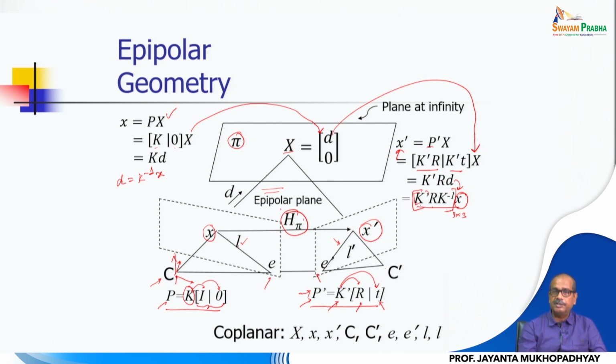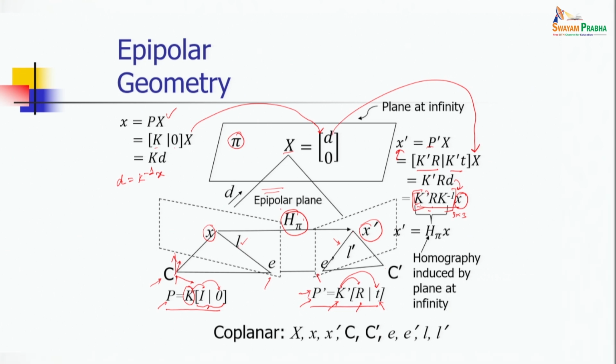So the composite matrix is 3 cross 3, and that gives me the respective homography. I will simply write it as x prime equals H_pi x, where H_pi is a homography induced by the plane at infinity. That is the relationship between these two points.